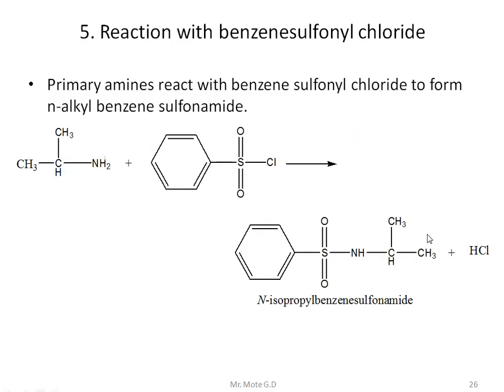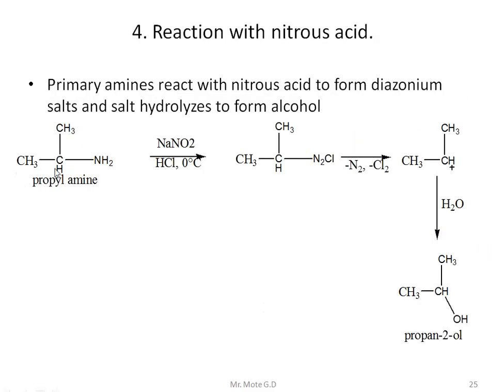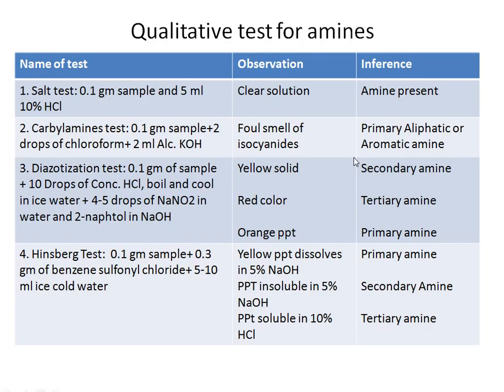We have discussed this as a diazotization reaction here. Amine treated with sodium nitrite and HCl at 0 degrees centigrade to form diazonium salt. And with the diazonium salt, primary amine has yellow precipitate, secondary amine forms red color, tertiary amine has red precipitate. So this is the confirmation.